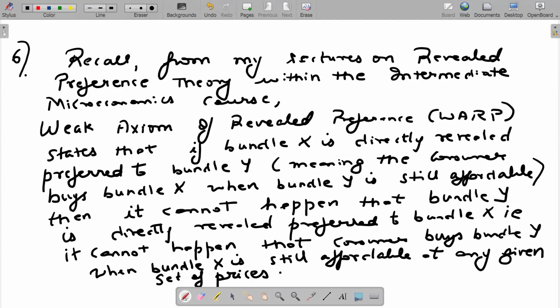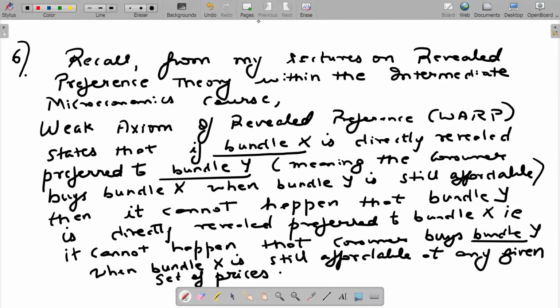So what we are trying to say indirectly is, suppose I am buying bundle X when bundle Y is still affordable, and when prices change, suppose I now start buying bundle Y, then X should not be affordable. If I switch to buying Y when X is still affordable to me, then there is a problem. What is violated? If I switch to buying Y when X is no longer affordable to me, then what is still consistent?